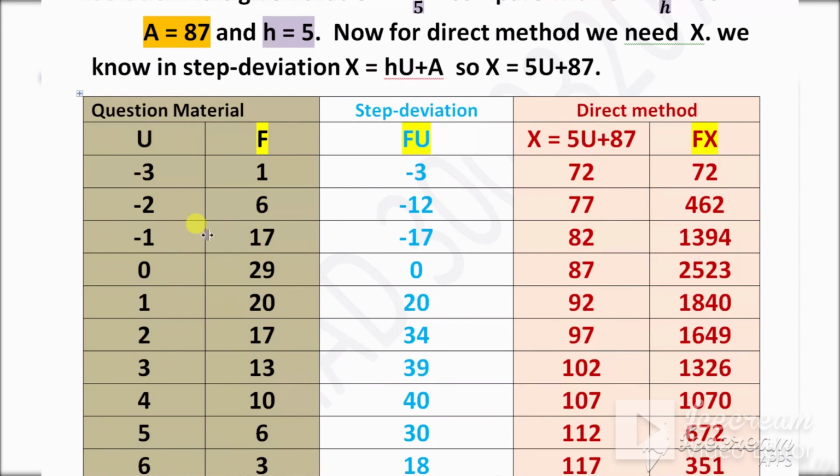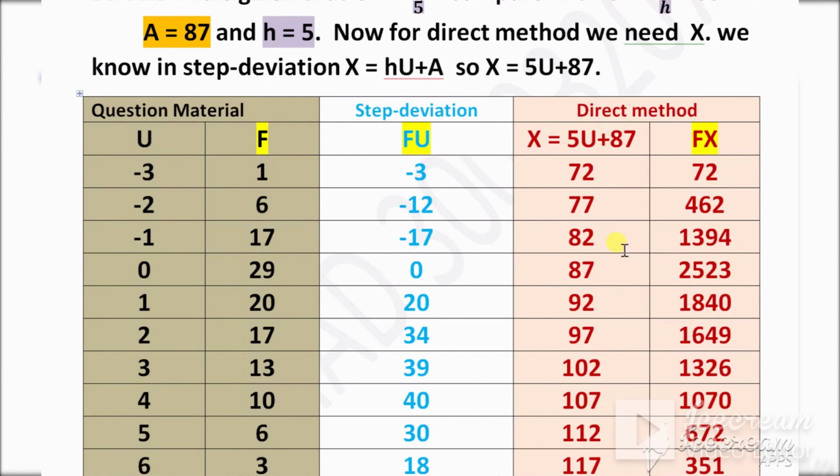Now 5 multiply 0 is 0, and 0 plus 87 is 87. 5 multiply 1 is 5, and 5 plus 87 is 92. 5 multiply 3 is 15, and 15 plus 87 is 102. This way we get the value of x. Now this is the x column.